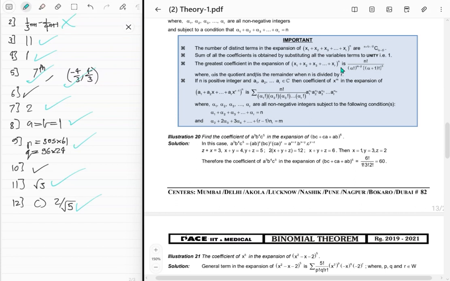That's the greatest coefficient in the expansion of this. So it's like r of these. What's m right there? I don't understand what m is. Where alpha is the quotient and beta is the remainder when n is divided by r. This is new.